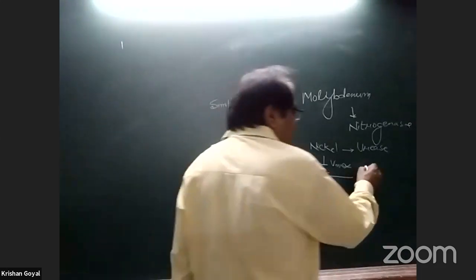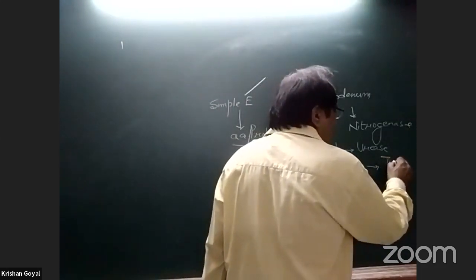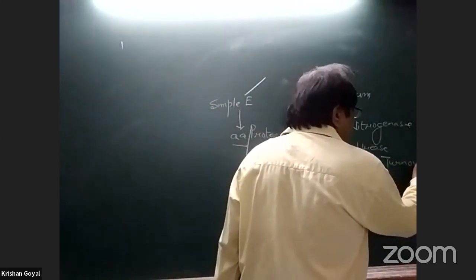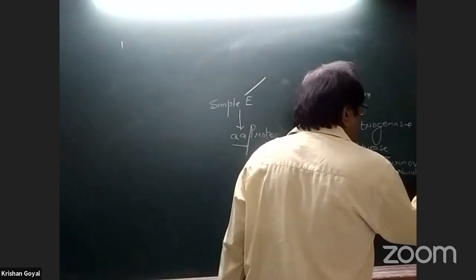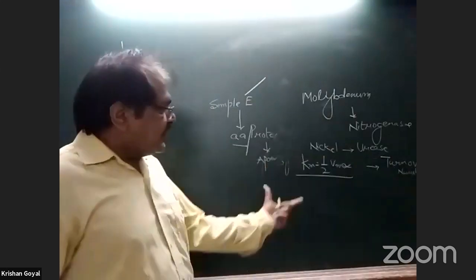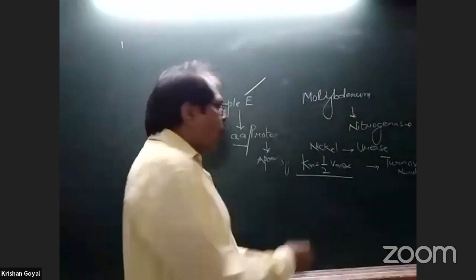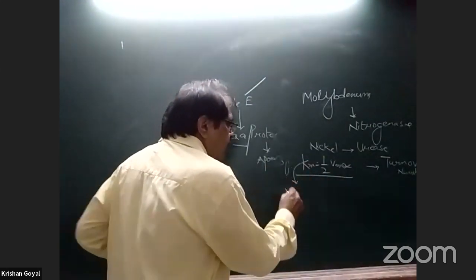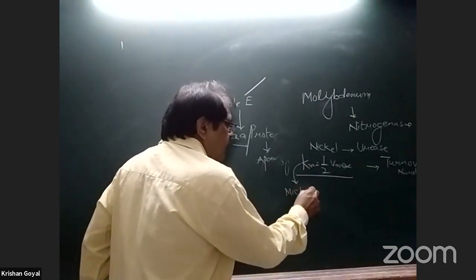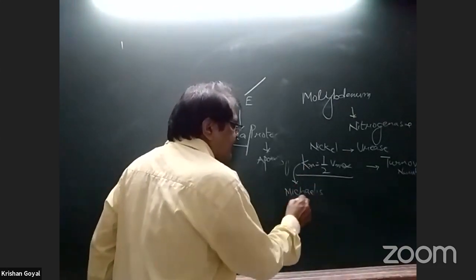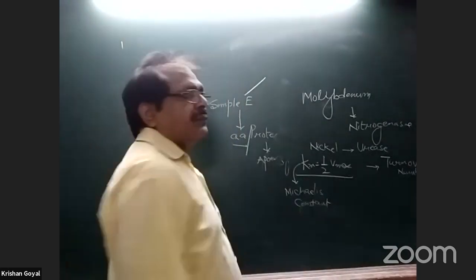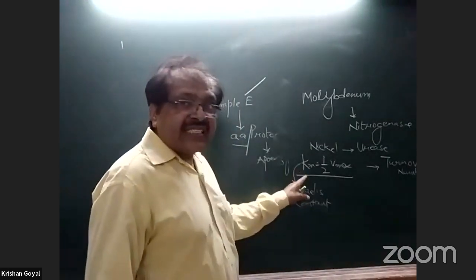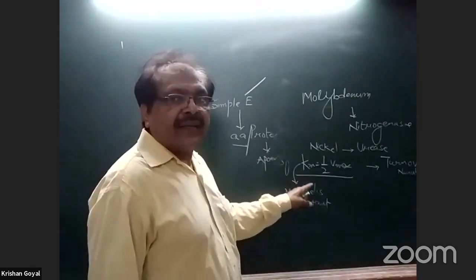And second, what is turnover number? Now understand. This Km is called the Michaelis constant. This is very important.